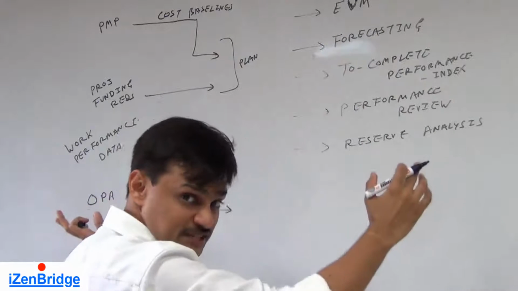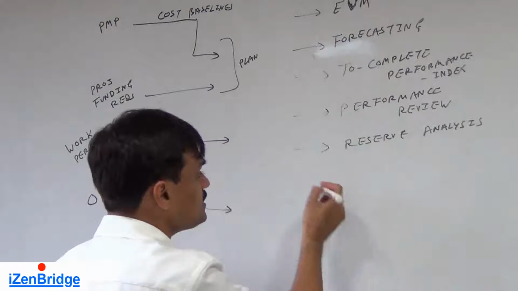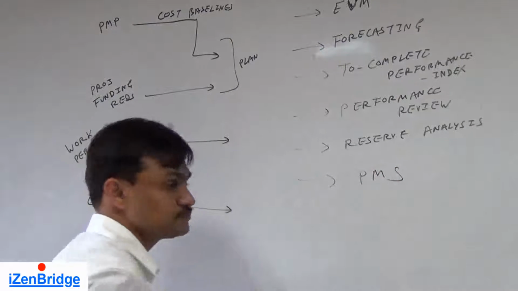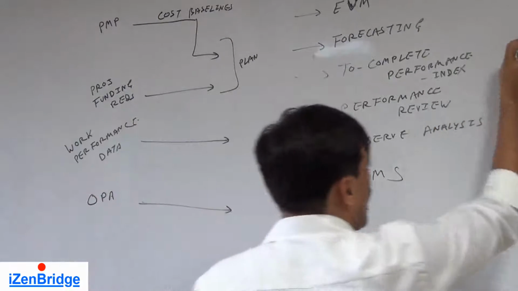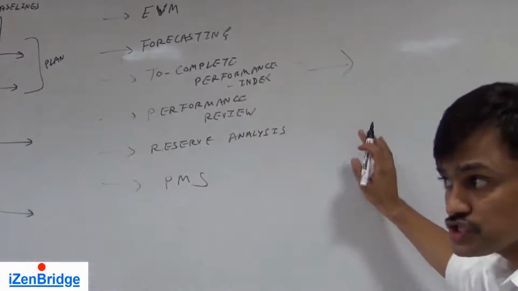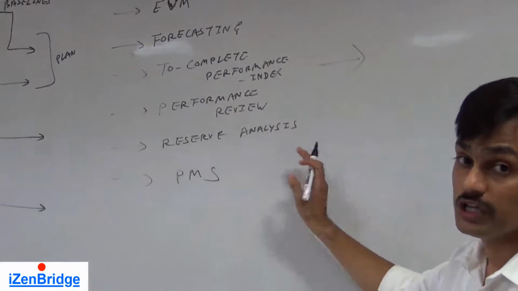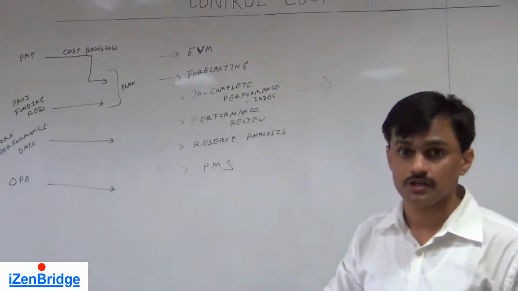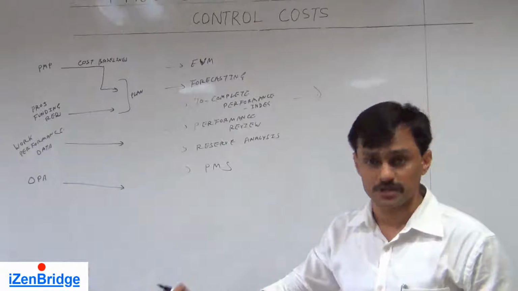Since it's a big, data intensive activity, we may use a project management system. Now, the output of this process: since it's a monitoring and controlling process group process, it must generate work performance information.